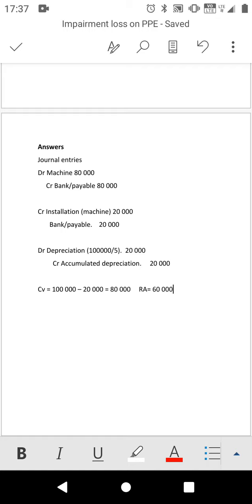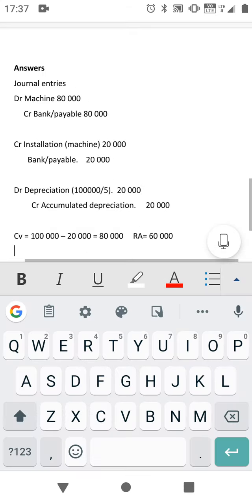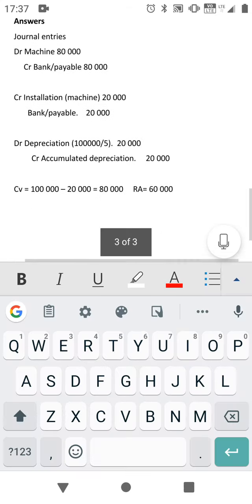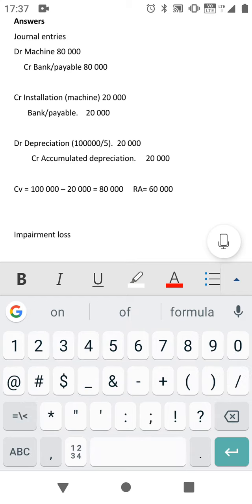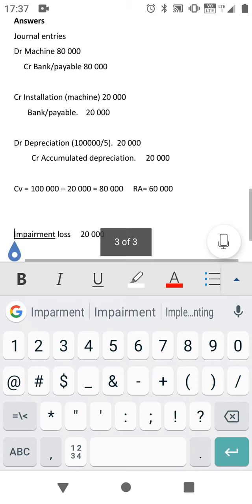The real one that we are going to recover is 60,000, which means that the difference between 80,000 and 60,000 is impairment loss. Our impairment loss is going to be amount of 20,000.